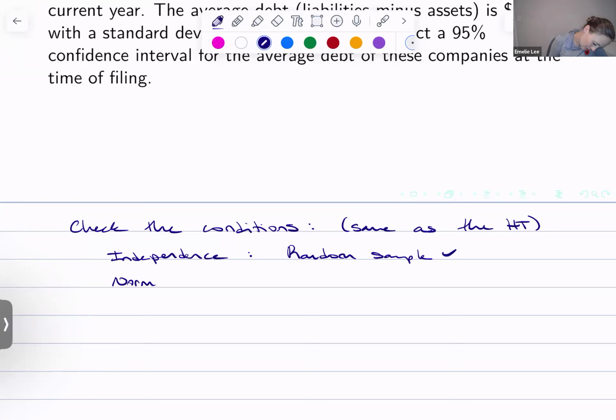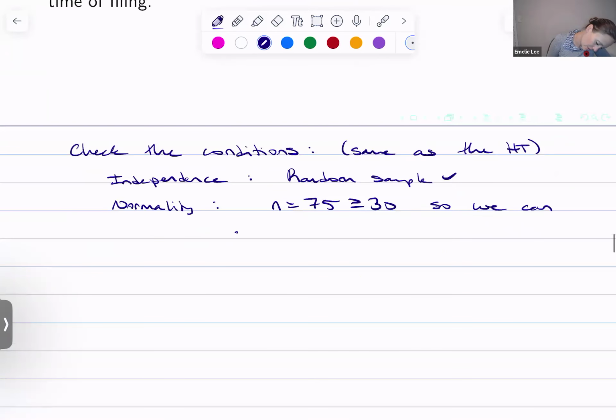The normality condition, N is 75, which is greater than or equal to 30. So we can assume normality. Nice and breezy.